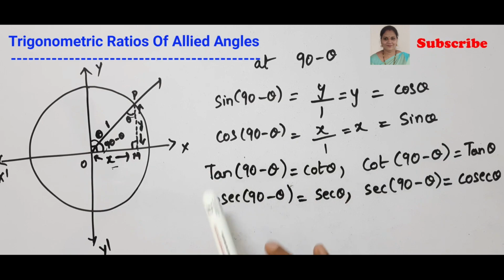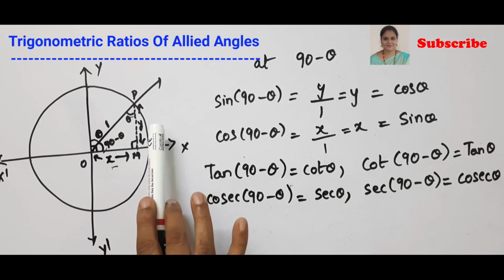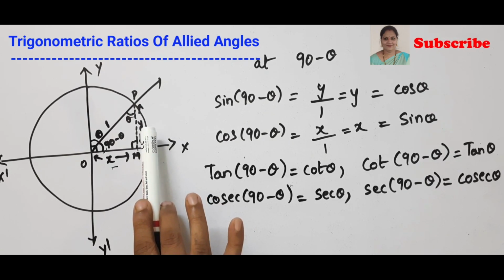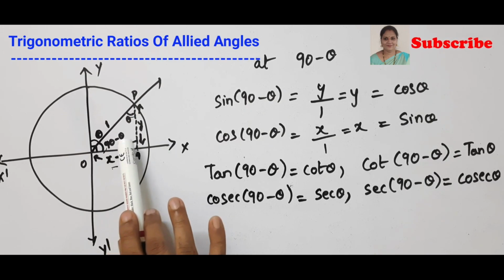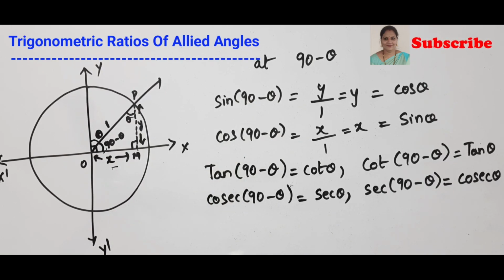All these trigonometric ratios are positive because 90 minus theta will be in the first quadrant. In the first quadrant all the trigonometric ratios will be positive, which we learned in the previous video. So when you calculate 90 minus theta, you will get all positive values, but there will be a change in trigonometric ratios. Okay, just remember this logic.